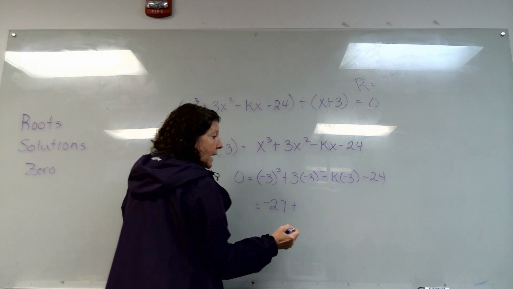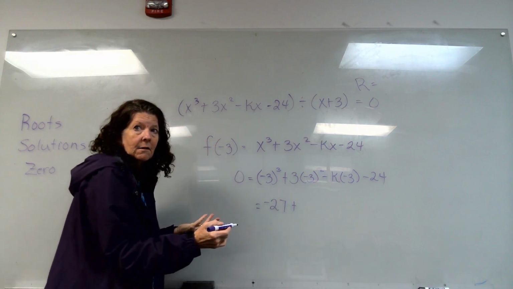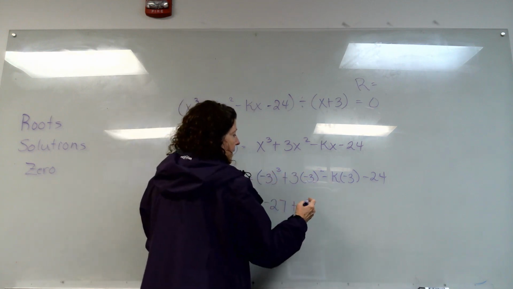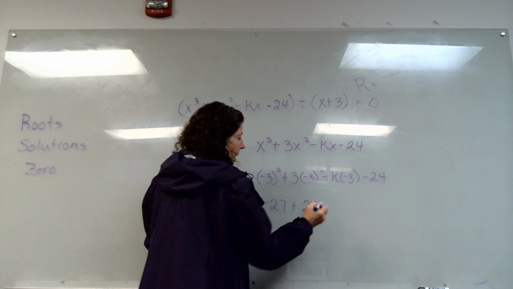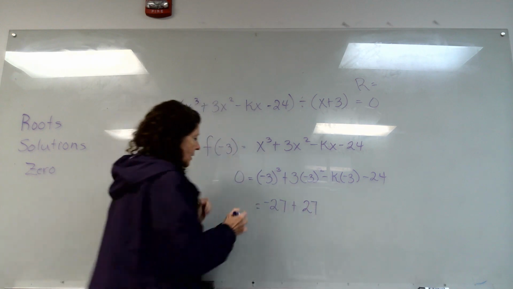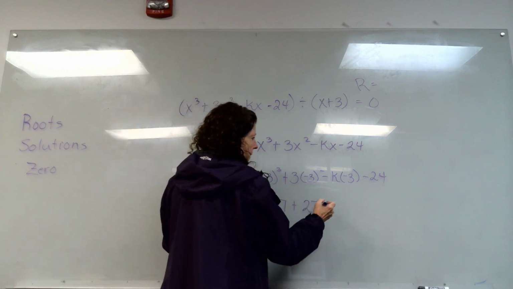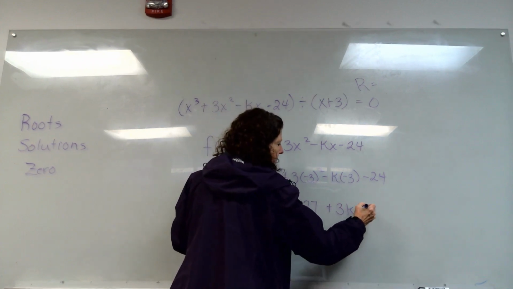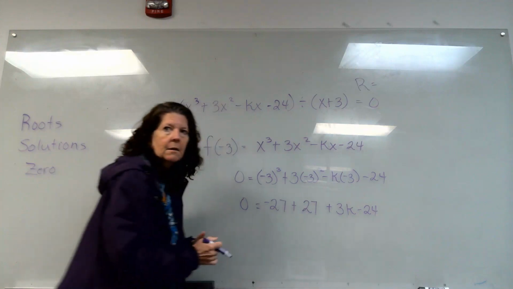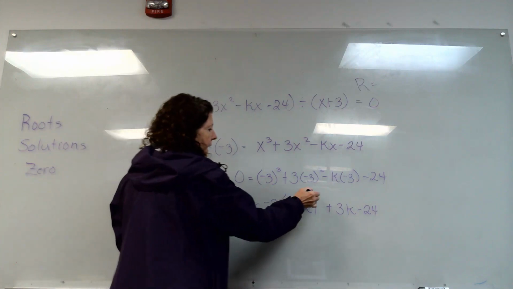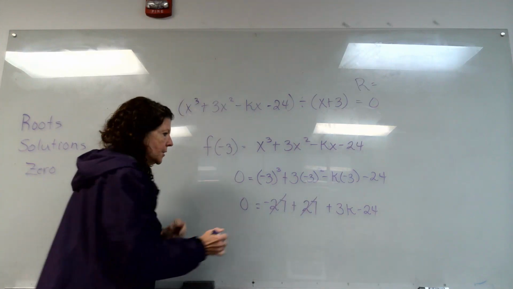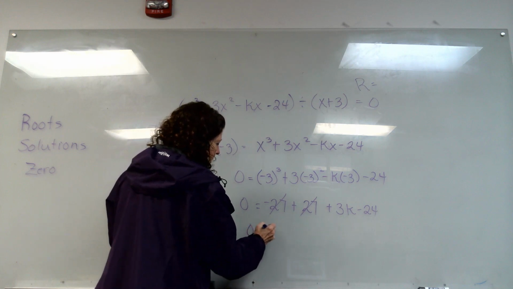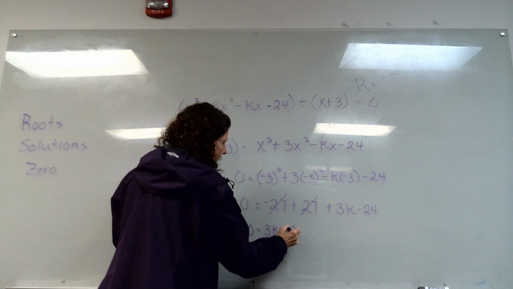Negative 3 squared is going to be 9 times positive 3, which is going to be a positive 27. Keep bringing the 0 down. And this is going to be plus 3k minus 24. You with me? That and that go away. So I have 0 is equal to 3k minus 24.